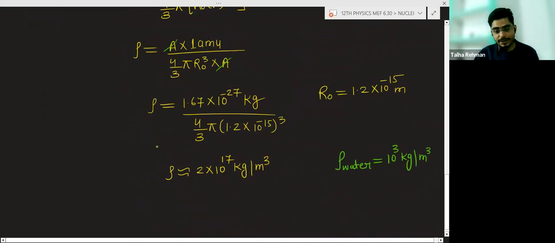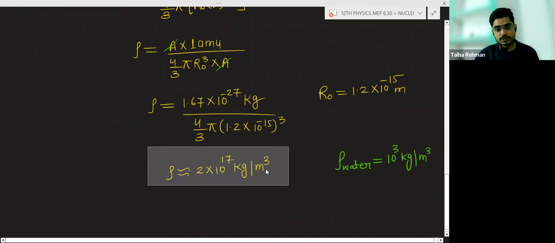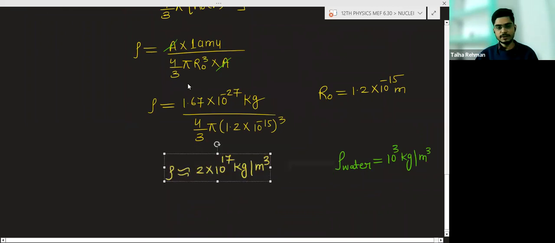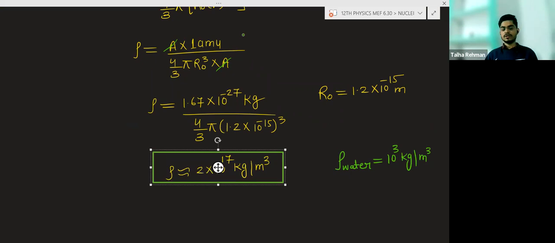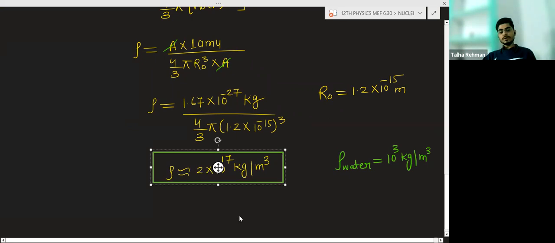After calculating, you will get that the density of the nucleus is very large: 2 into 10 to the power 17 kg per meter cube.